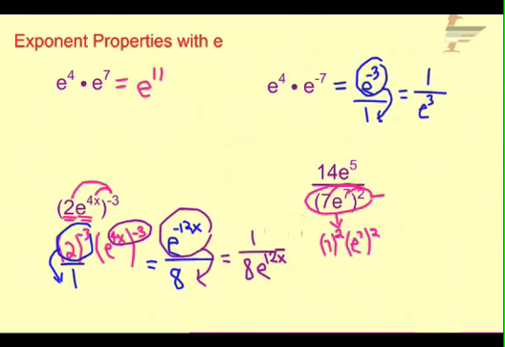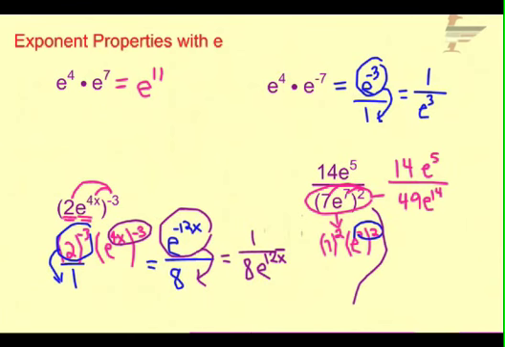So 7 squared is 49, and then what do we do with these two exponents? We're going to multiply, so it'll be e to the 14th, and on the top we have 14e to the 5th.